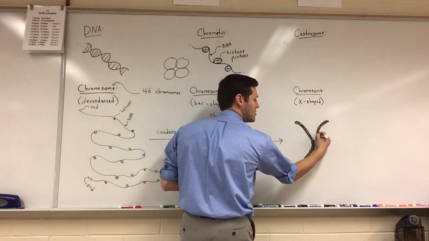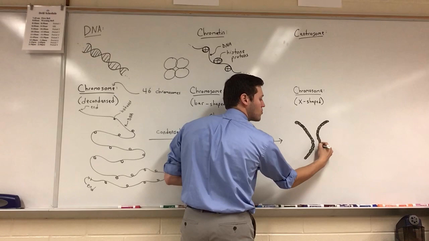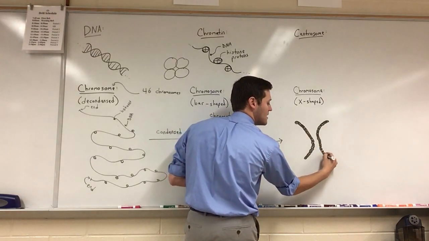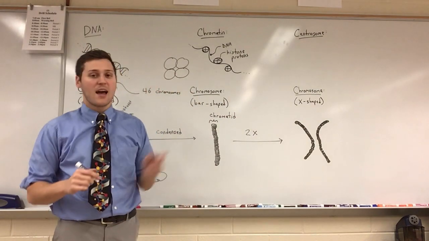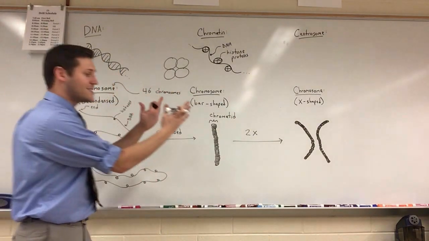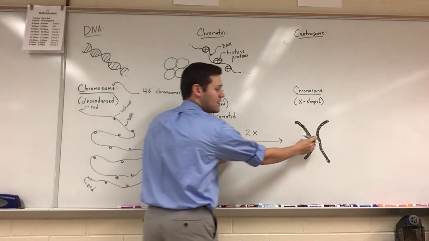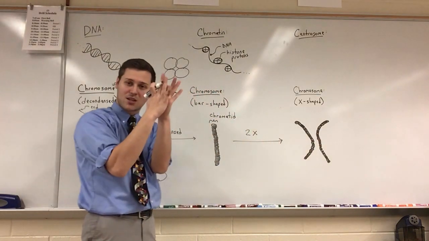So you can imagine 2 chromatids, 2 DNA molecules that are condensed, and you can see that they're bent so that the center of it is kind of close together.